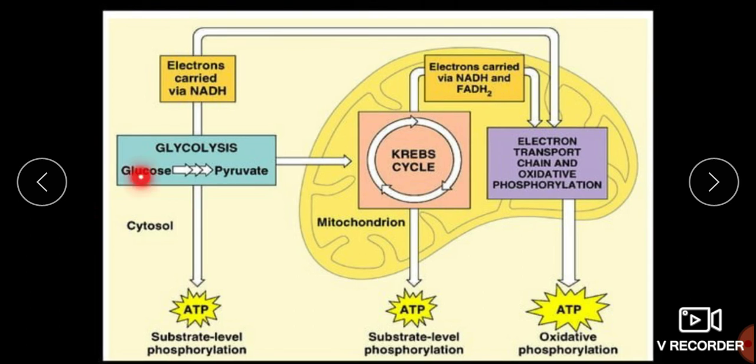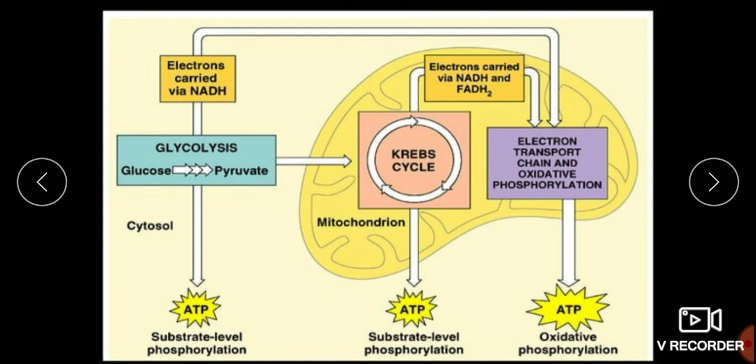The glucose gets converted into pyruvic acid through the process of glycolysis. Further, the pyruvate gets converted into acetyl coenzyme A, and it is transported into the mitochondrial matrix, and there is a running of the Krebs cycle.